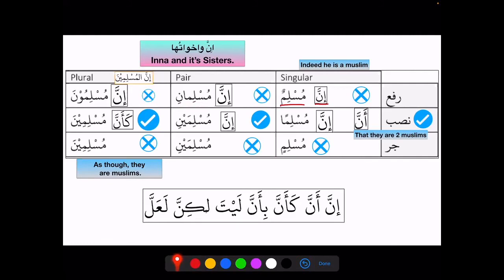It's rafa. Exactly, muslimani is rafa. But what should I say? Inna muslimaini. Okay. Then inna muslimuna would be wrong because this is rafa and we need nasab after it. So innal muslimina would be the right construction. Okay, so I want you guys to practice that with all inna wa ikhwatuha.